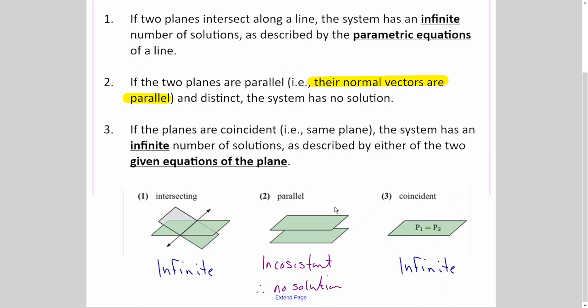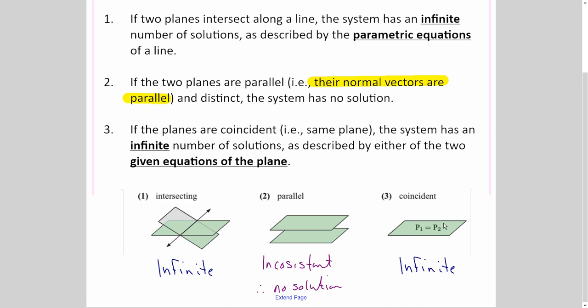So in this case, there will be no solution if they are parallel and distinct. They don't lie on top of one another. But if they're coincident, the normal vectors will be scalar multiples of one another, and they will basically be sharing a plane. Okay, they will be lying on top of one another.